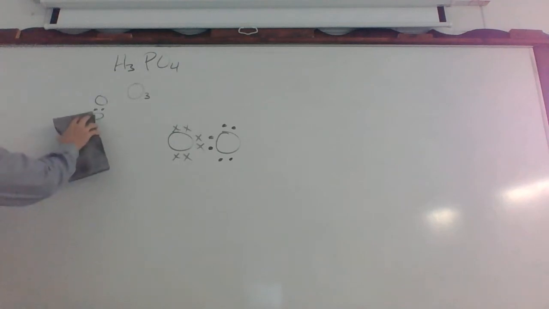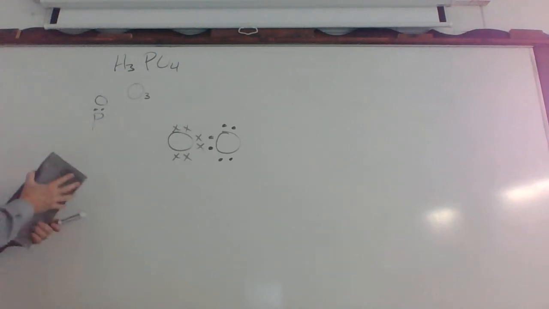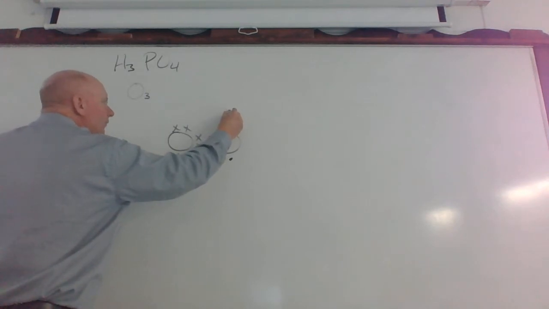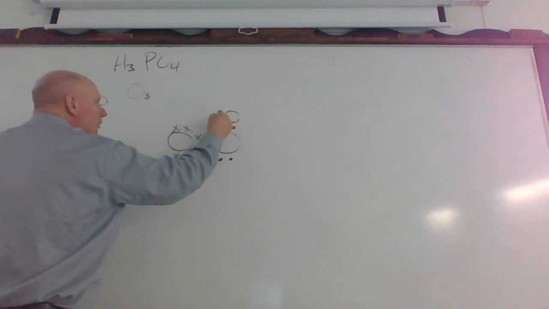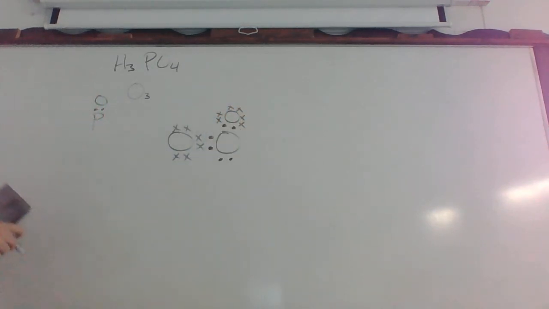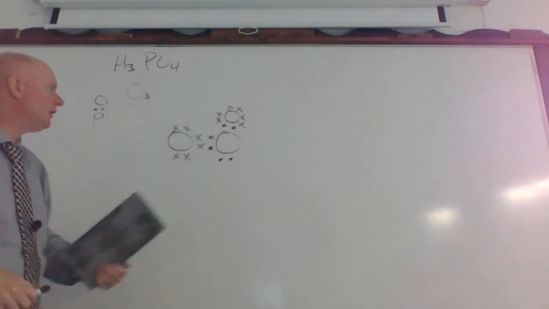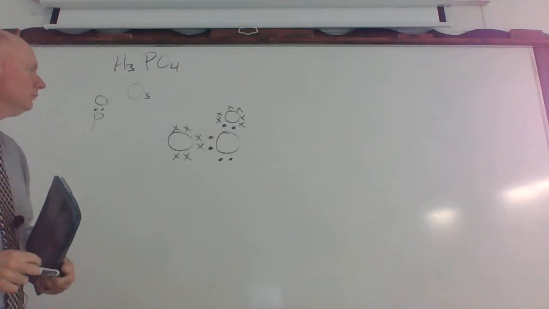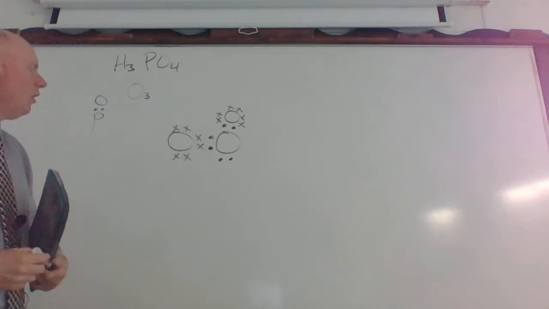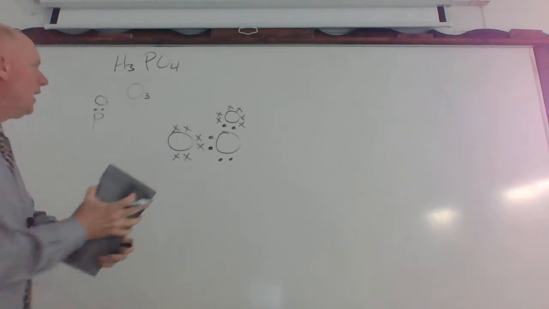So with that same type of knowledge, we could put an oxygen over here. Okay? And then upon doing so, go ahead and put that oxygen on the right. Oh, I did that wrong. That's not what I wanted to do.